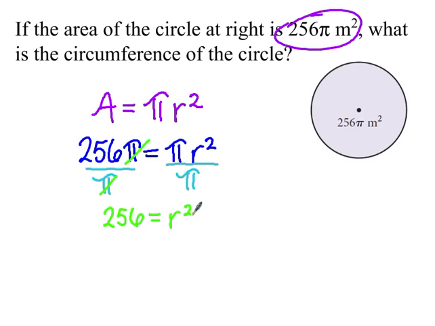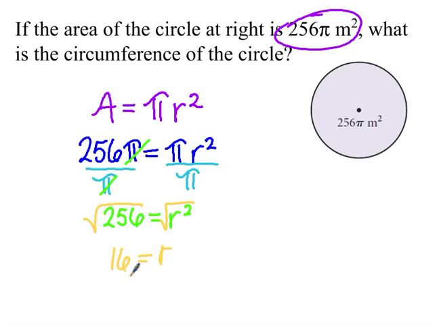Now how do you solve for r? Square root it. How you undo a square is you take the square root. If you do that on your calculator, you get r to equal what? 16. So that's what the radius is.